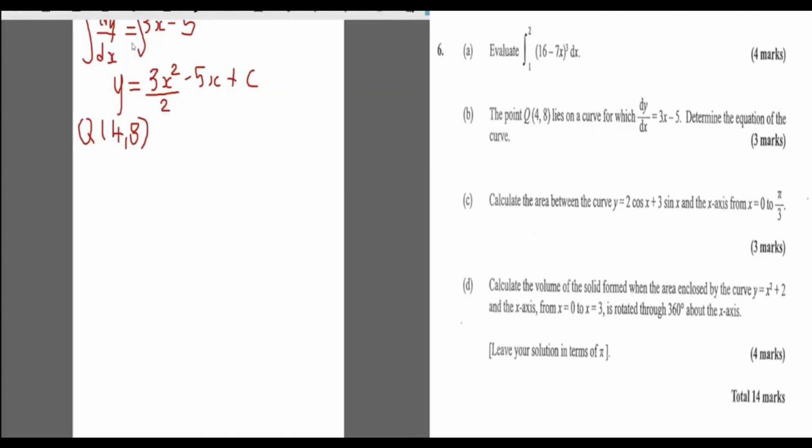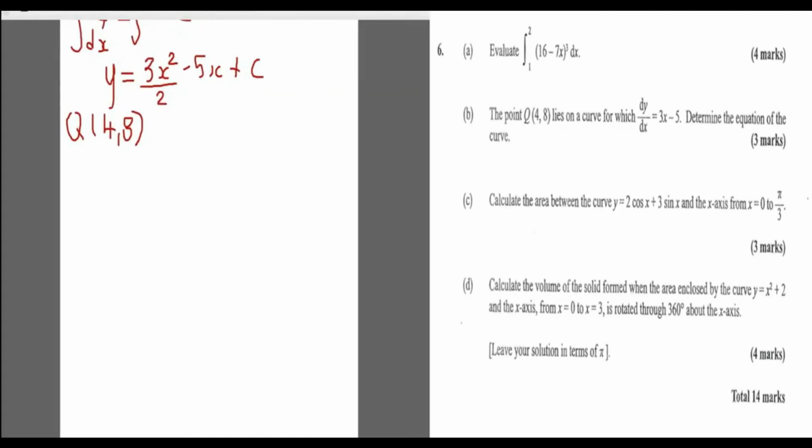Substituting x as 4 and y as 8, that implies that at Q, we're getting that 8 is equal to 3 times 4 squared, 4 squared is 16. 16 times 3 is 48, so getting 48 over 2 minus 5 times 4 is 20 plus C.